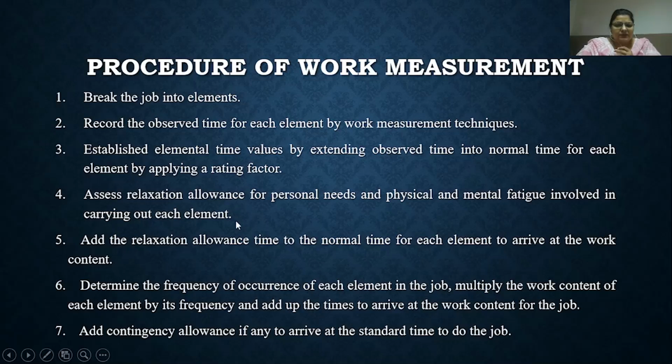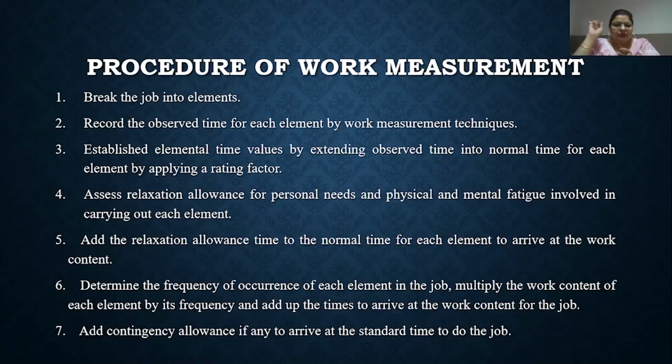Next is to assess the relaxation allowance for personal needs and physical and mental fatigue. Here we give the relaxation allowance to the personnel, because it is necessary for the mind and the body to take a small relaxation.